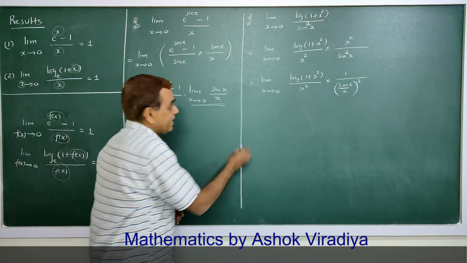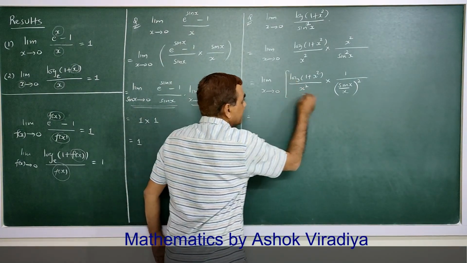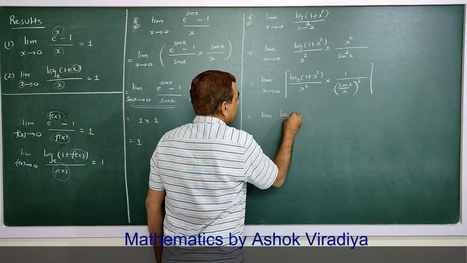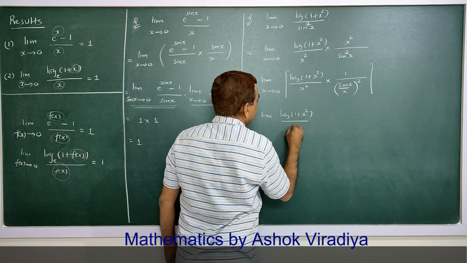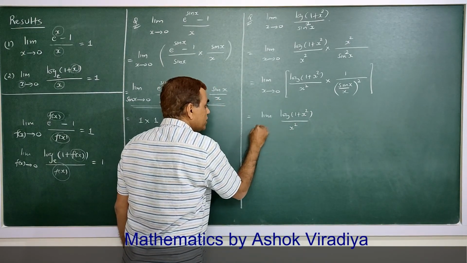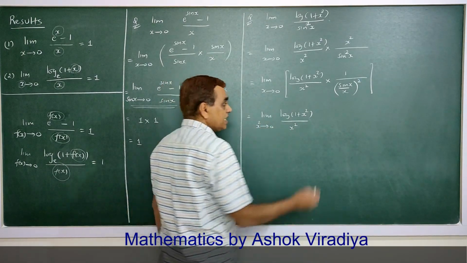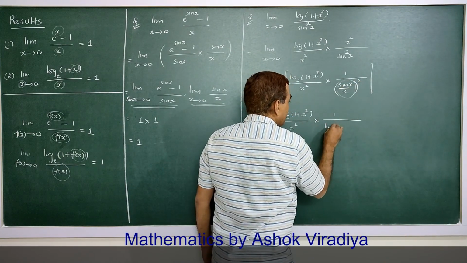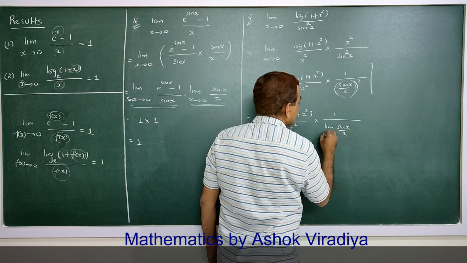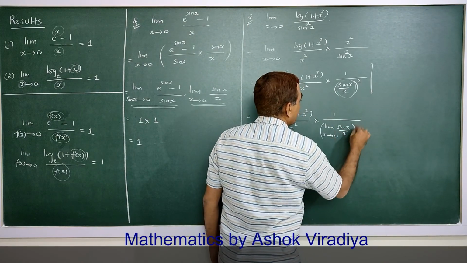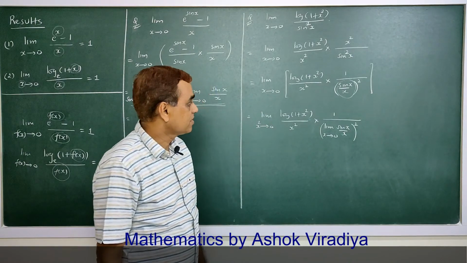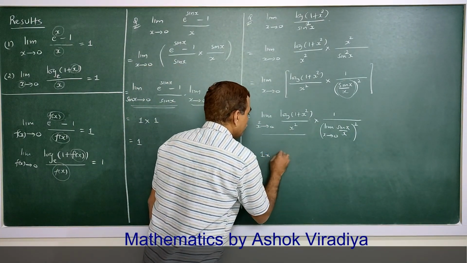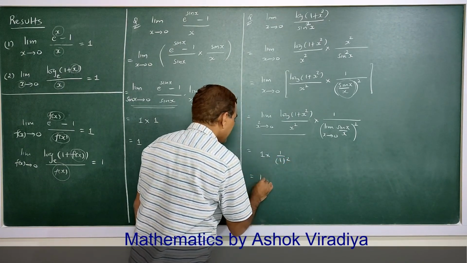So now applying limit of f into limit of g: limit of log of 1 plus x square upon x square, where x tends to 0 so x square tends to 0, into 1 upon the limit of sin x upon x, x tends to 0, whole square. Therefore this is 1 into 1 upon 1 square, so the value is 1.